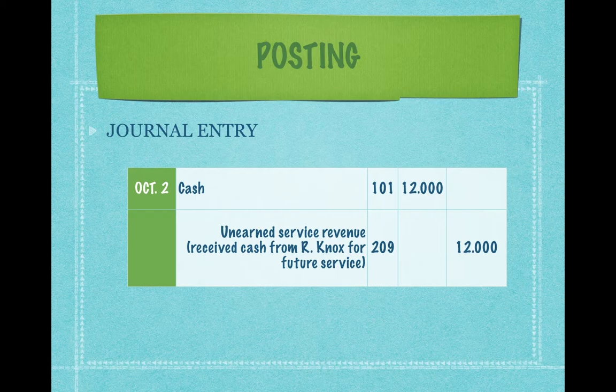October the 2nd, cash is increasing on the debit side and unearned service revenue is also increasing on the credit side, meaning that the company received cash from Arnox for future services. Alright, we have to remember that all kinds of revenues are increasing on the credit side.